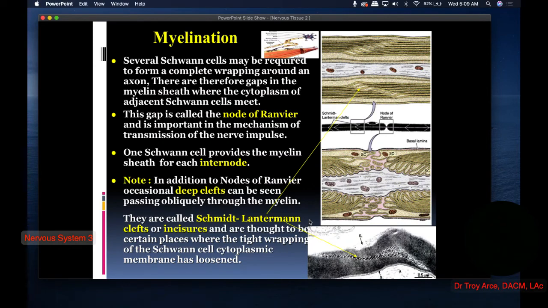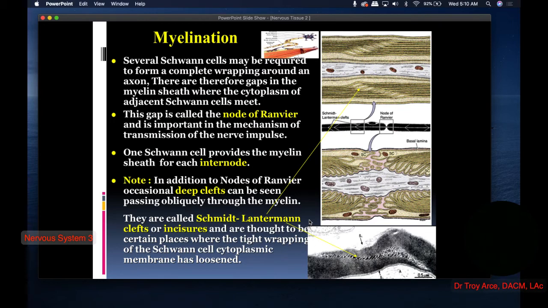So getting more on myelination, this is more for your knowledge. You won't be tested on the nodes of Ranvier or the Schmidt-Lantermann clefts. Let's just go over it for your knowledge. Several Schwann cells may be required to form a complete wrapping around the axon, and there are therefore gaps. These are gaps in the myelin sheath where the cytoplasm of adjacent Schwann cells meet.